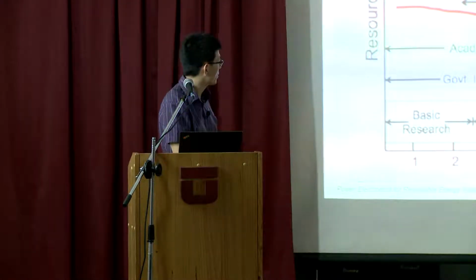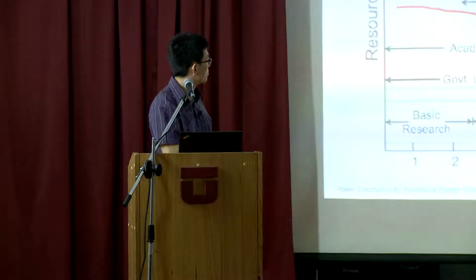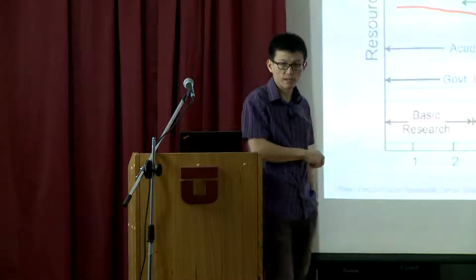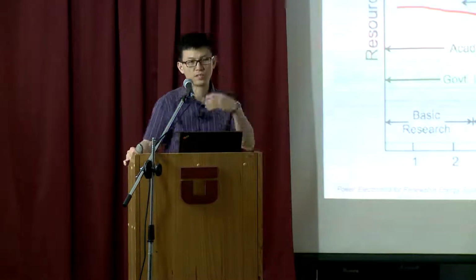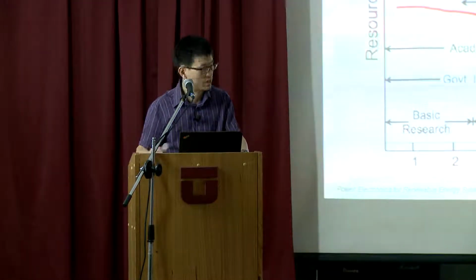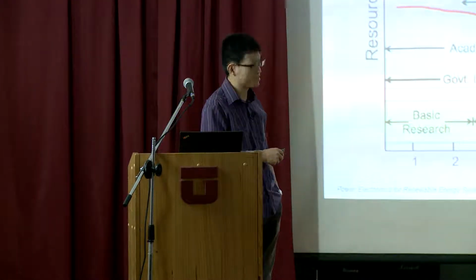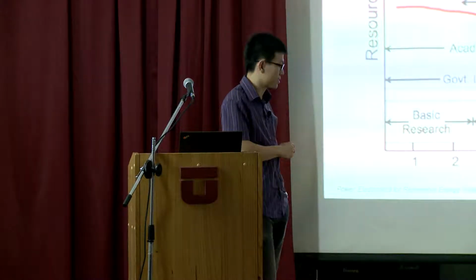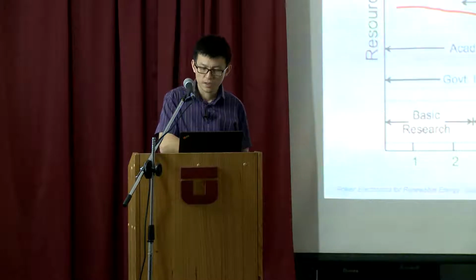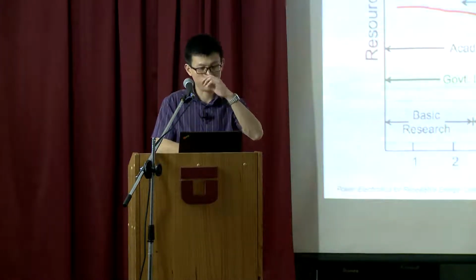Funding-wise, you see the government always sponsors from 1 to 7 level, and beyond that, of course, they want the industry partners to lead all these research activities. And then the private sector starts from 2 or 3 and beyond.